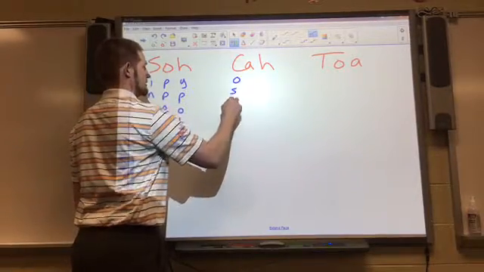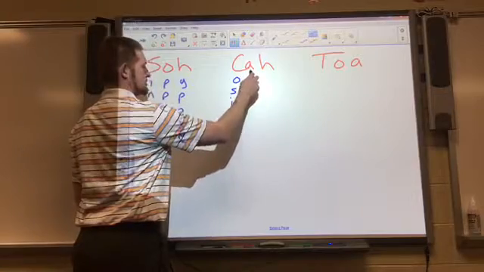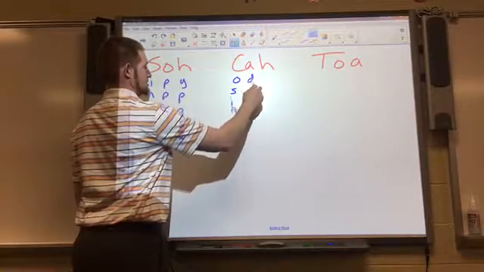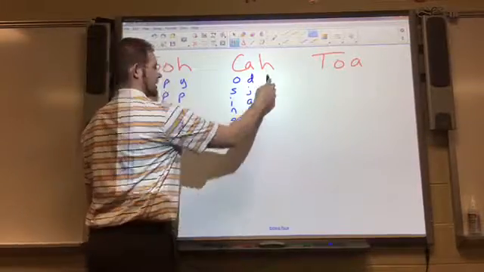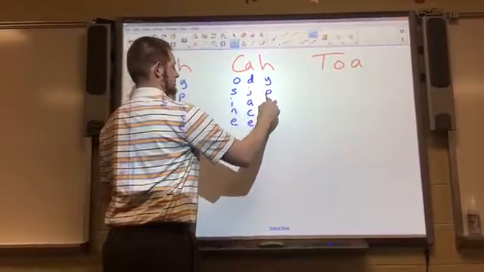The cosine, which is adjacent divided by hypotenuse.